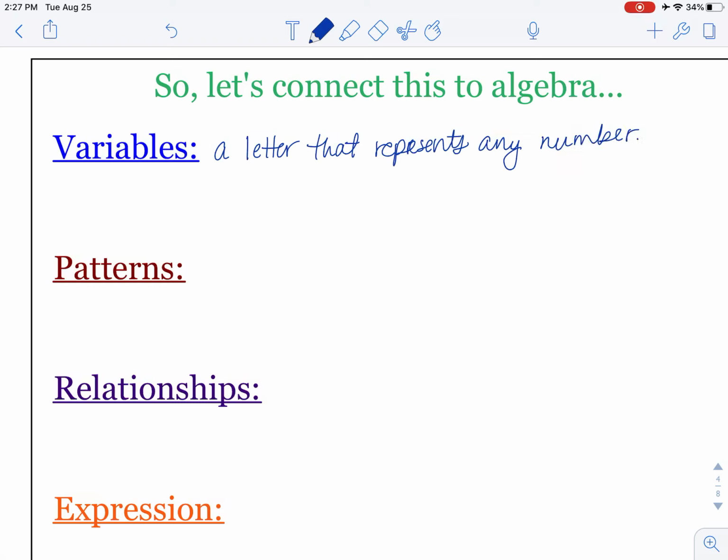So a variable represents any number. It can be a changing number because the word vary means changing. Varies means change. It can represent a changing number, and it can represent an unknown quantity.